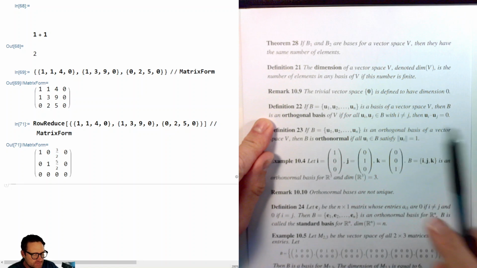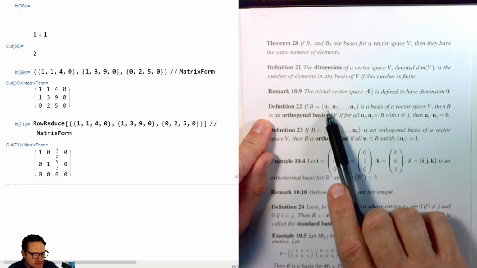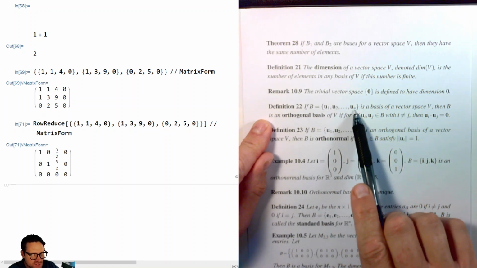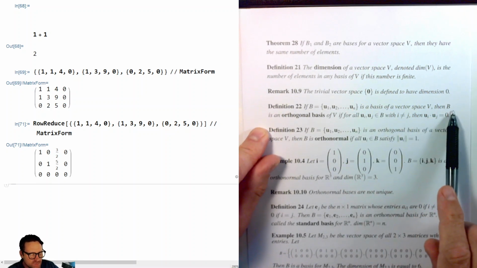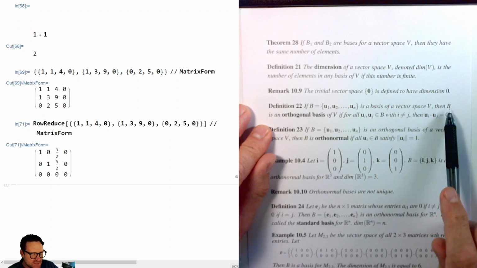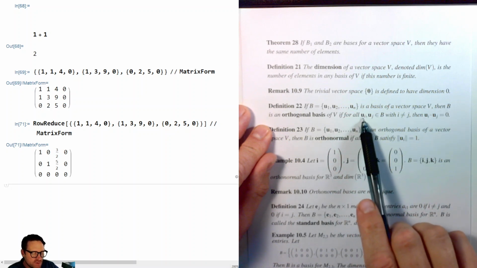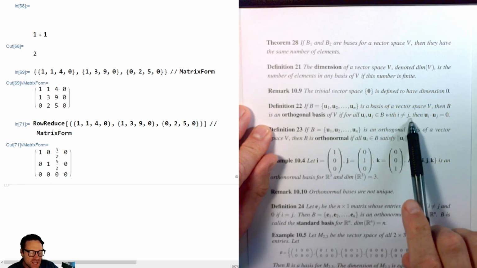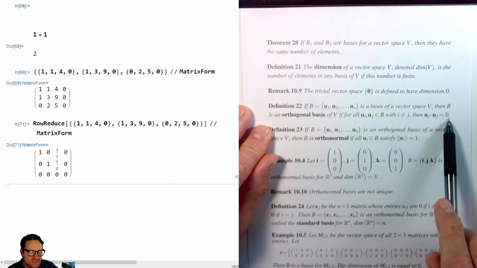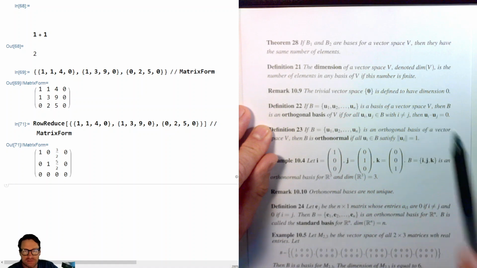Definition 22. If B is the set of vectors u1, u2, dot, dot, dot, up to un, if this is a basis of the vector space V, then B is an orthogonal basis of V if for all ui and uj in B with i not equal to j, the dot product is the zero scalar, right?